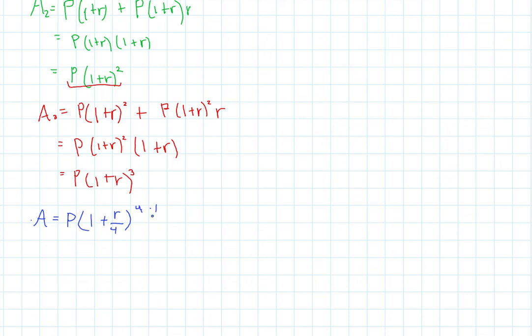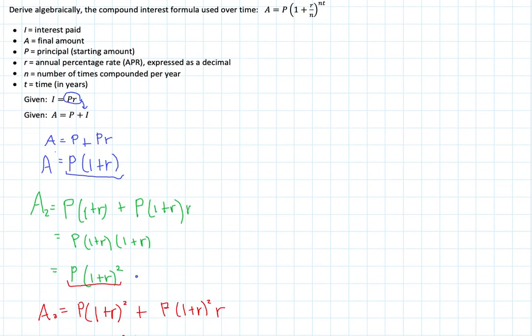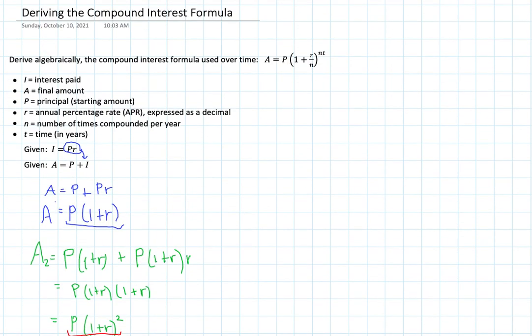So within 1 year, we're saying times 1 up there. So instead of saying specifically compounded quarterly and specifically 1 year, we're just going to use some variables. We have our P for principal. This is a number 1 plus our annual percentage rate R divided by N, and that is the variable we use, number of times compounded per year.